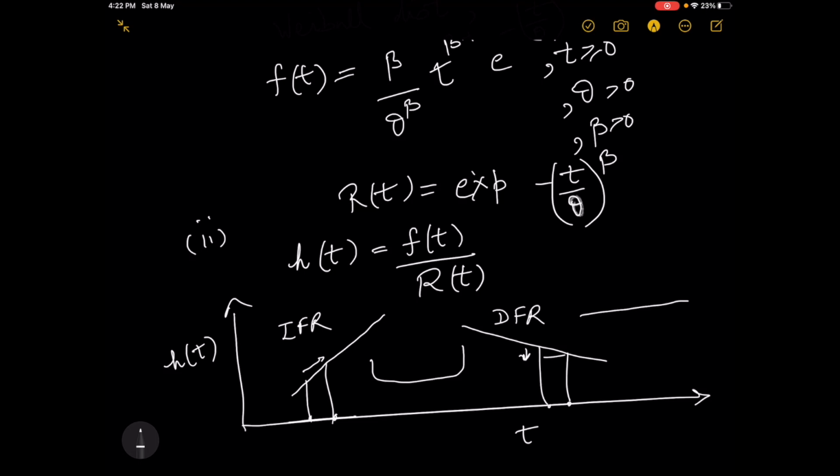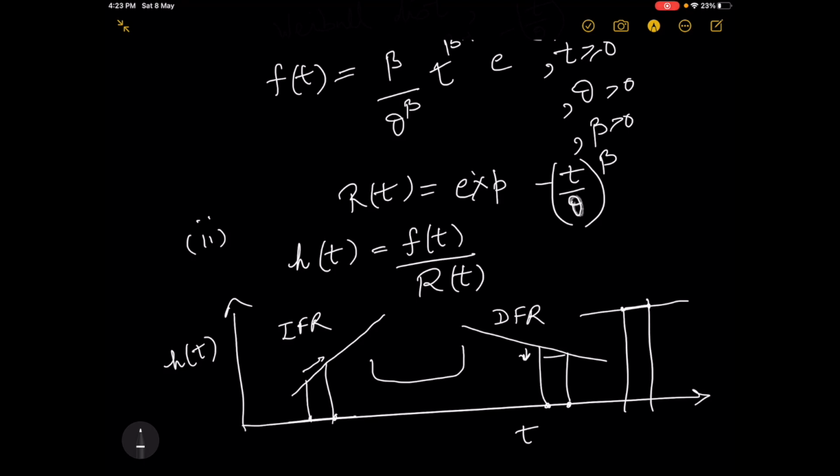We see that the hazard is falling as the time is progressing. It is also possible that we have a constant hazard rate. That means as the product ages, its future survival, its future reliability does not undergo change. This particular context is illustrated through the terminology known as constant hazard. The gradient does not change.